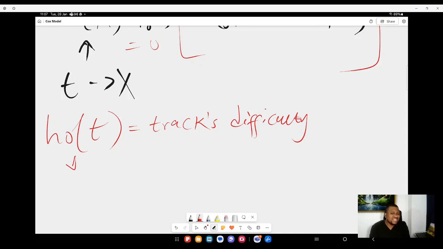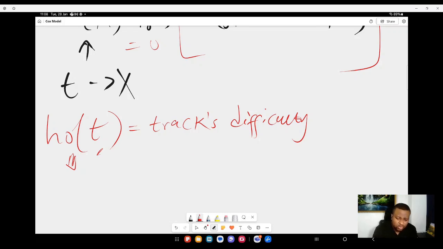But if it's an easy track, this could be bigger. We don't know exactly the value of this, all right, but it doesn't matter. The Cox model is more focused on comparing people, so we don't need to know the exact track difficulty.